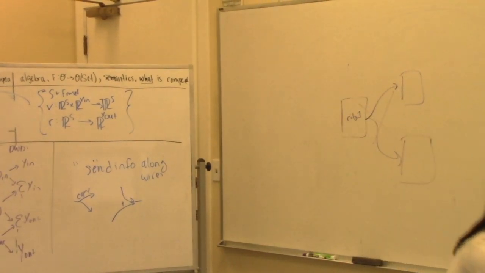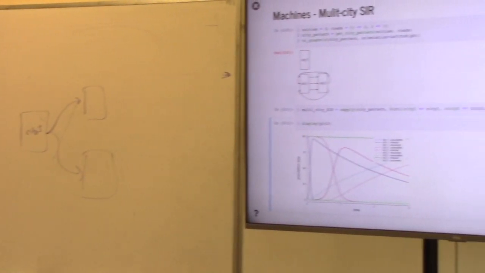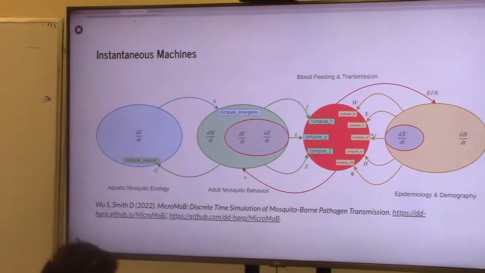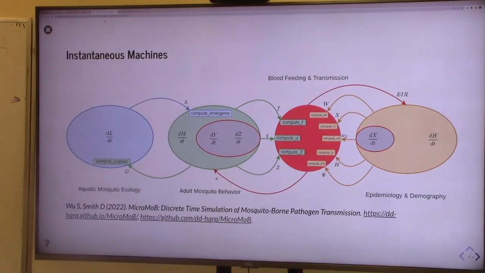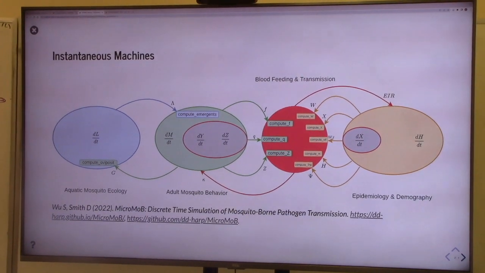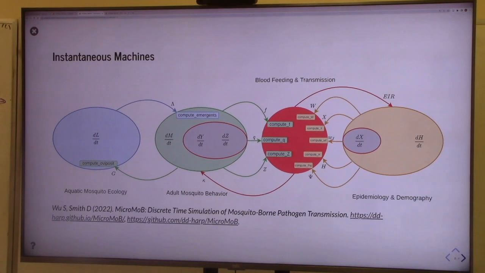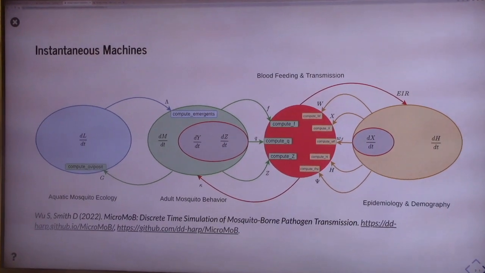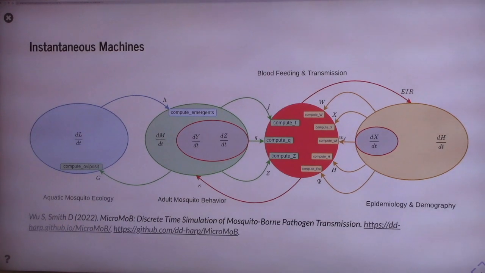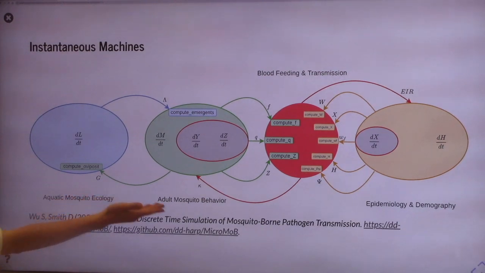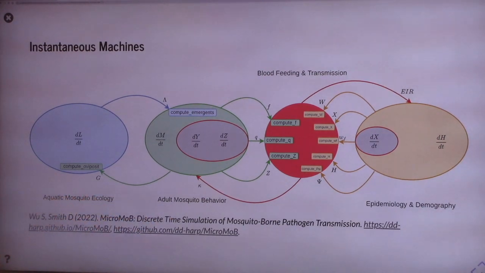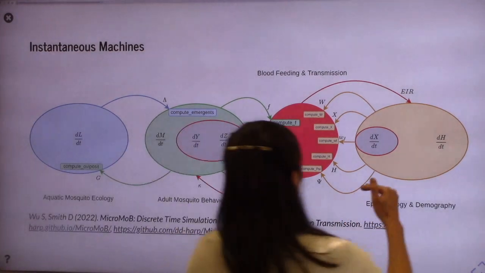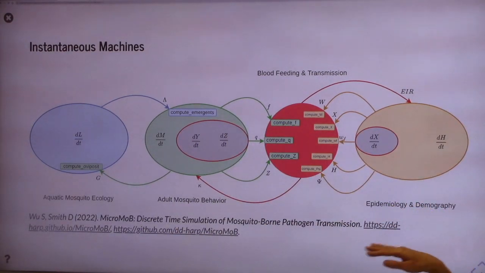And then as a second piece of motivation, when we talk to epidemiologists and other modelers, they often do these really complex computations almost in between the systems. So here we have Micromob, which is for mosquito-borne pathogen transmissions, written by Sean Wu and Dave Smith. And the idea is you have, exactly like in applied category theory and Algebraic Dynamics, this composition of systems of the adult mosquitoes, the mosquitoes going from eggs to larvae to mosquitoes, and then humans over here doing their moving around, going to work thing.